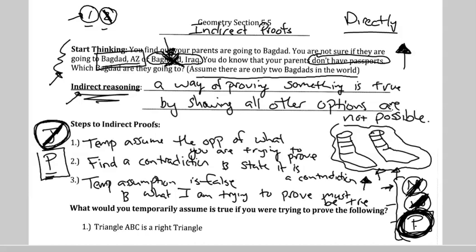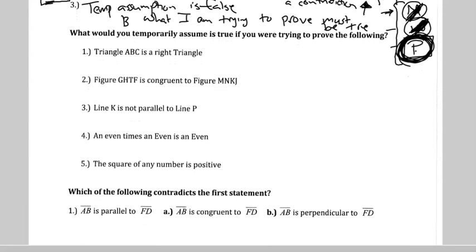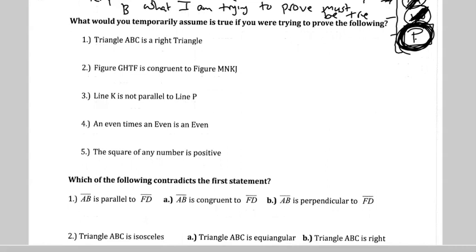So what we're going to do now is look at some different examples, because before we jump into a legit full proof, I want you to understand the concept of what you would temporarily assume and what a contradiction is. So here, if you were trying to prove that a triangle was right, there's 2 different ways you can do this.